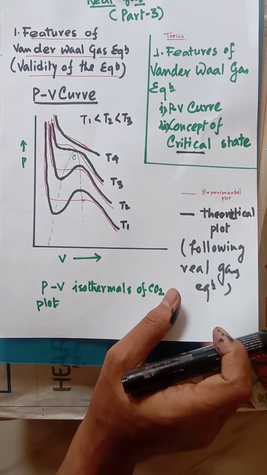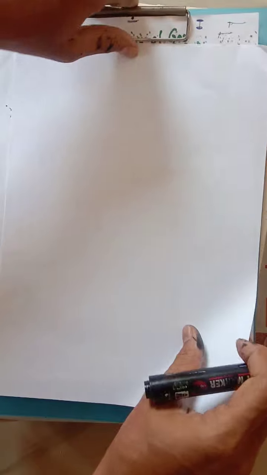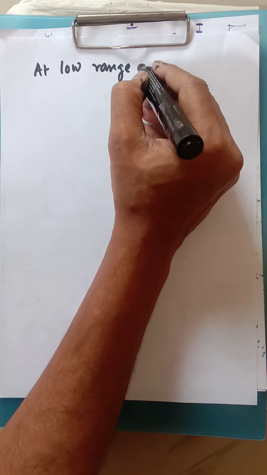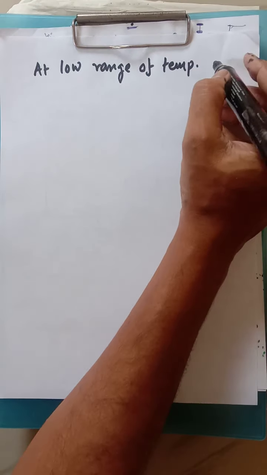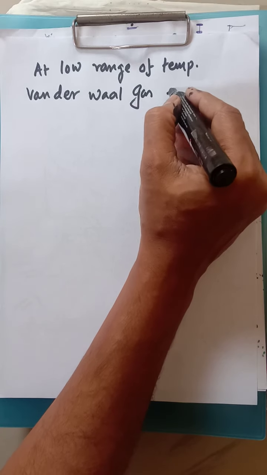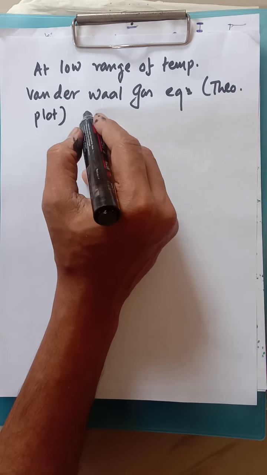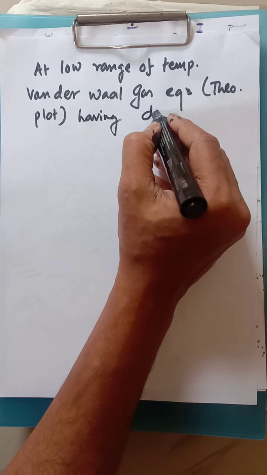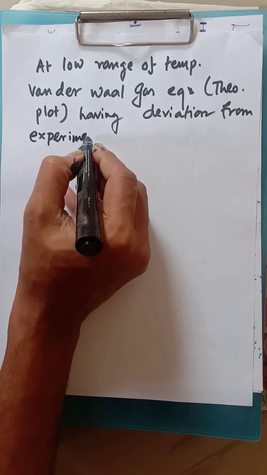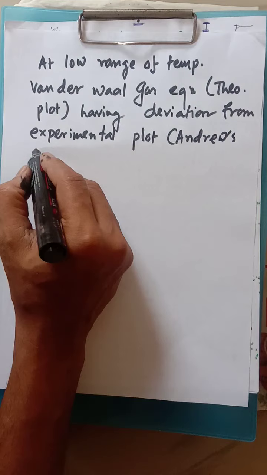So the thing we have to remember is that at a low range of temperature, the van der Waals gas equation, that is the theoretical plot, has deviation from the experimental plot, that is the Andrews plot.